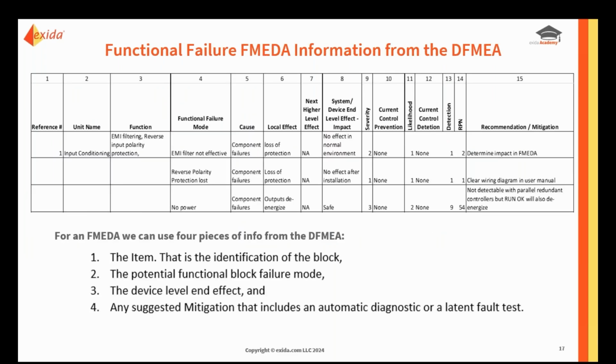So, for the FMEDA, we can use 4 pieces of information from the design FMEA. What the block is, what are the ways it can break, what happens at the next higher level when each of those failures occurs, and what mitigations are recommended or implemented.